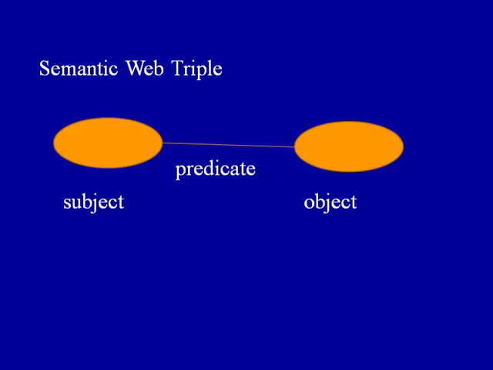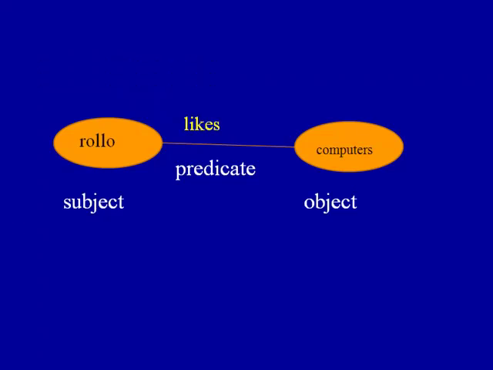On the semantic web, the triple is like a very simple sentence: a subject, a predicate, and an object. For example, if you want to say Rollo likes computers, which is a statement we can make, we can represent that graphically with a triple. Rollo is the subject, likes is the predicate, and computers is the object.